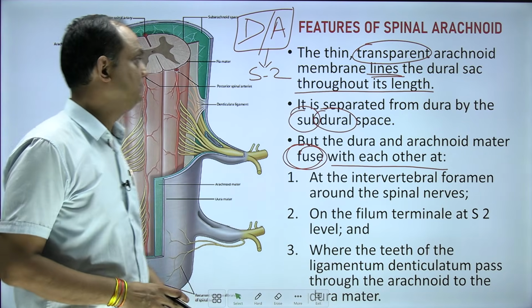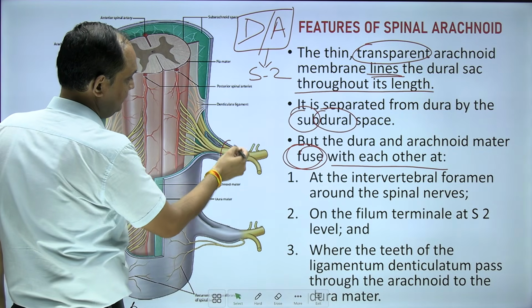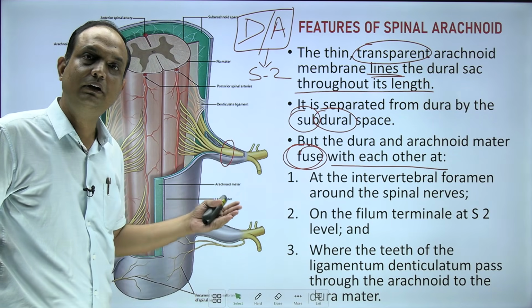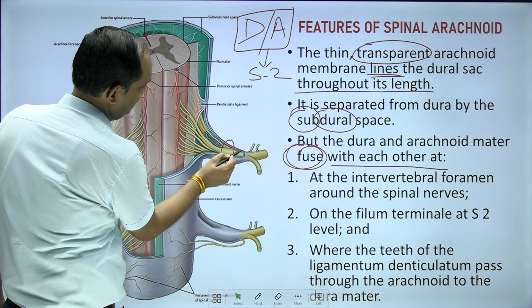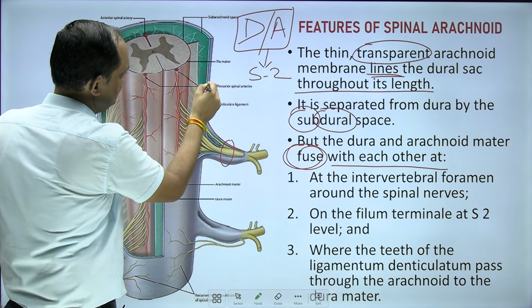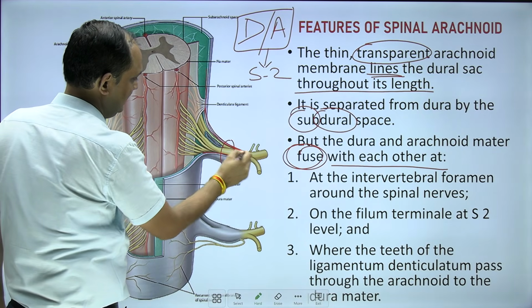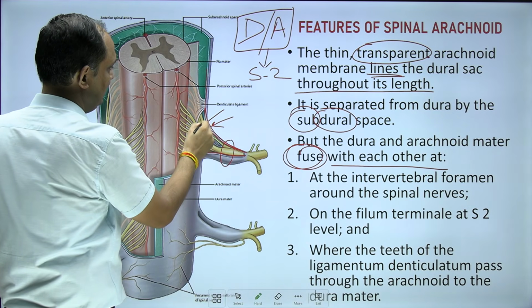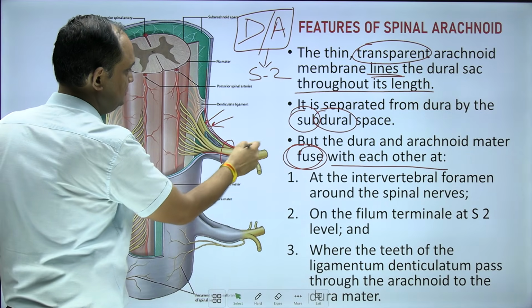When the spinal nerves come out through the intervertebral foramina, you can see that this is the arachnoid, and along with it the outer layer of dura, both extending laterally, and they fuse here.